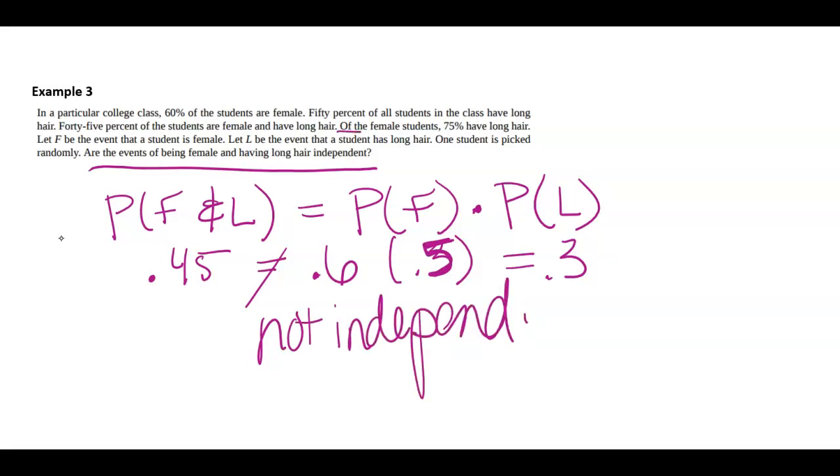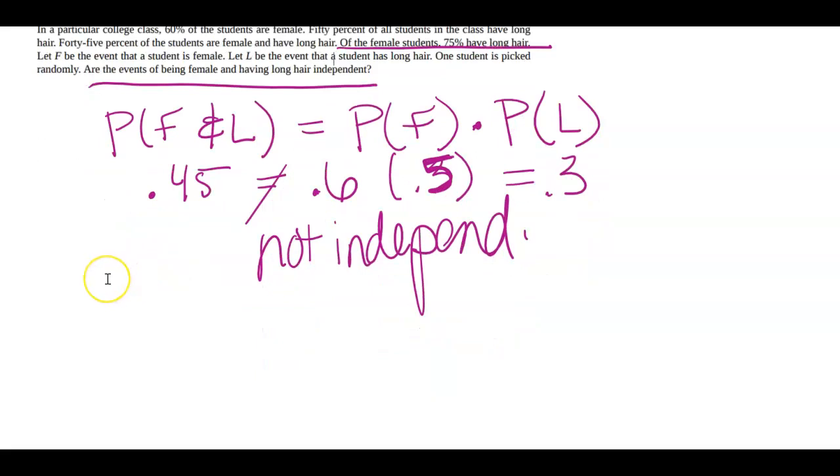Now, where students will get confused is this part right here. That's a conditional piece. So let's just add, it's not part of this problem, but I just want to add a little piece to this. I might be able to split this into conditional probabilities, and that of the females is important. So 0.60, which means males would have to be 0.40.